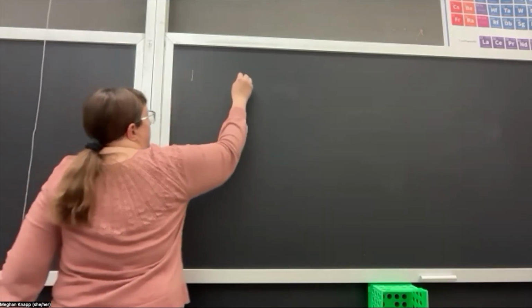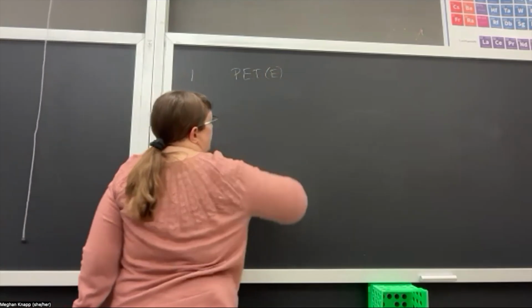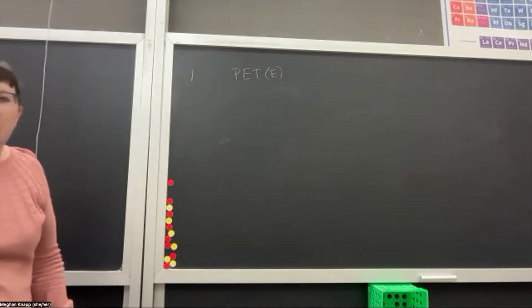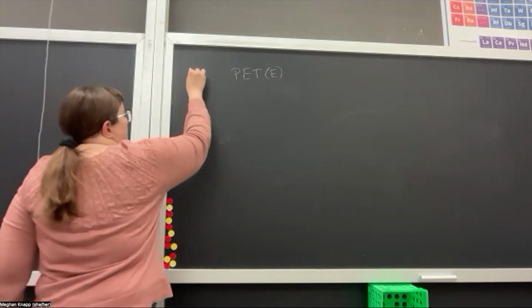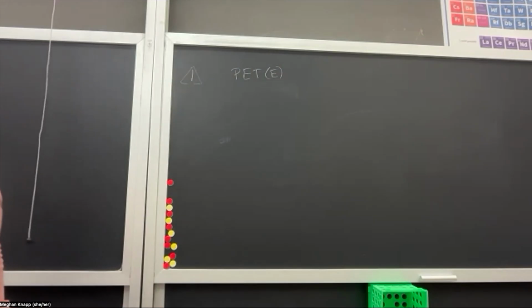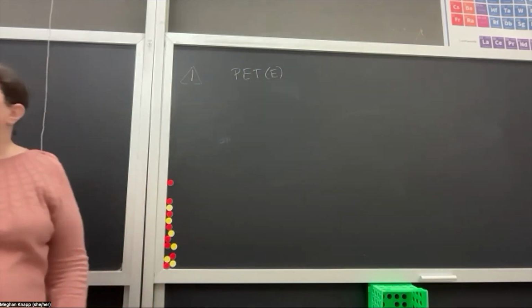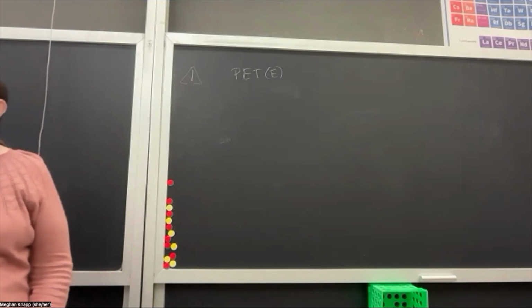So one was PET. Sometimes we have PETE, depending on who's writing the label. And this is the number that you'll see in that recycling triangle. This one can be recycled in bottle form most places.